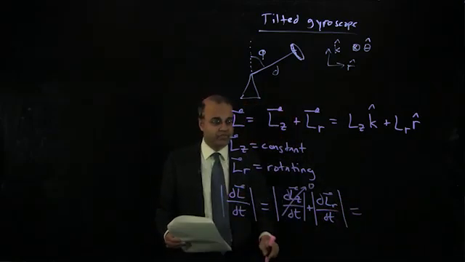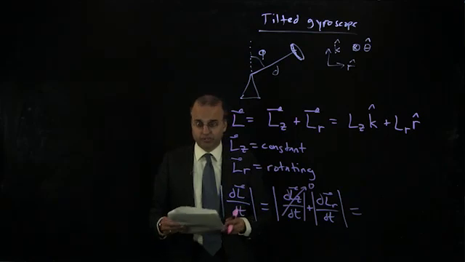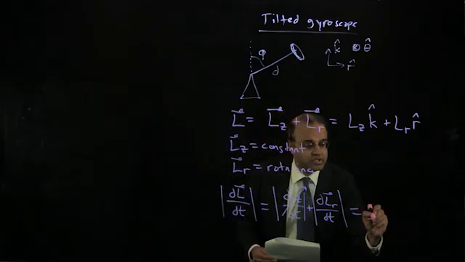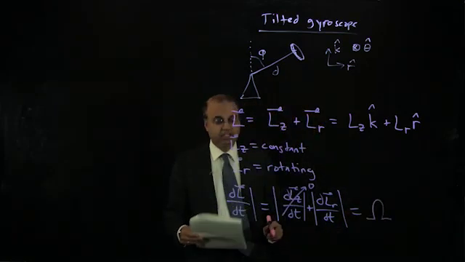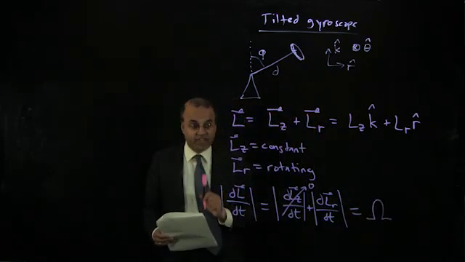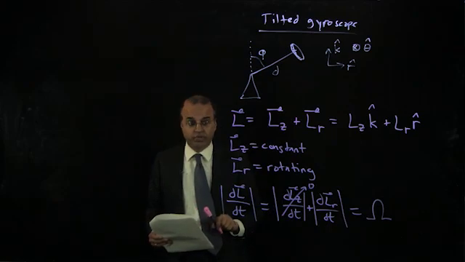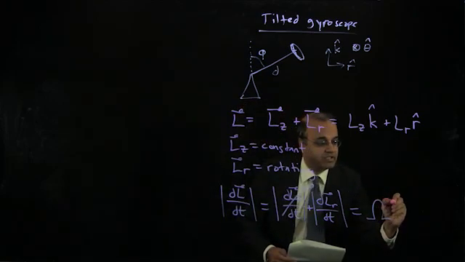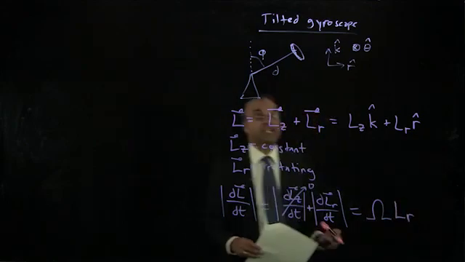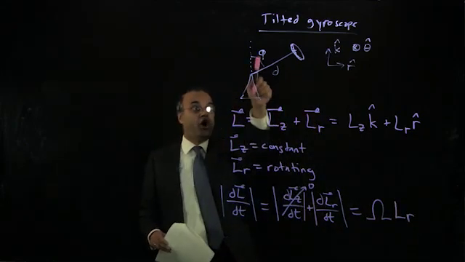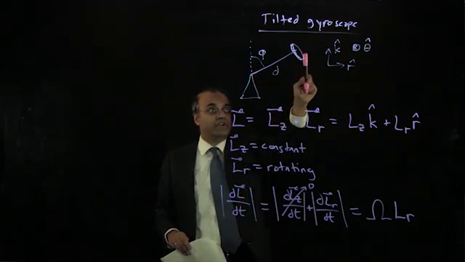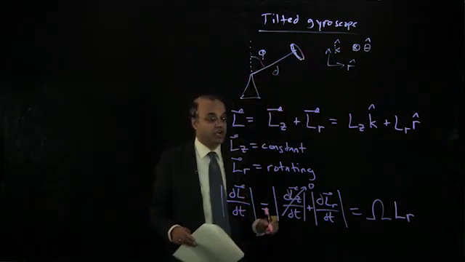So the time derivative just involves the r component. And so that's equal to the angular speed of rotation times the length of the rotating vector, which is just the r component, not the z component. So this is multiplied by L sub r. Now, in this particular case, the r component of the angular momentum vector is L, the angular momentum vector, times the sine of phi.